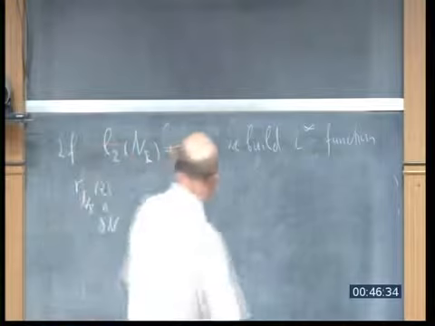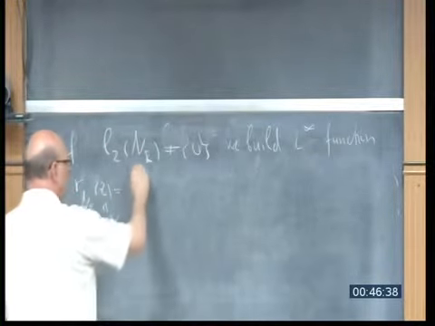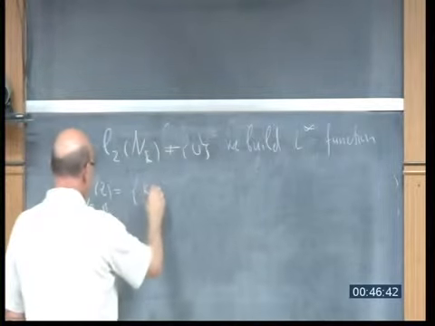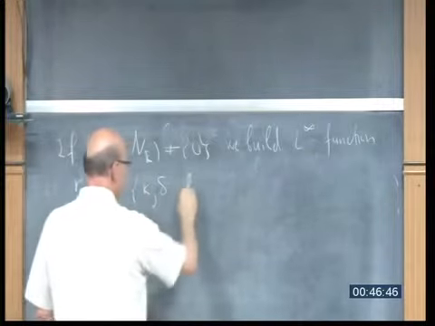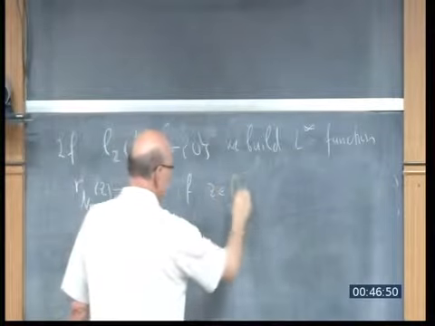What is this function? Well, it's very simple. This will be equal to Kj delta if Z belongs to gamma j.